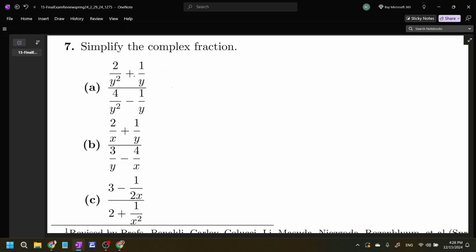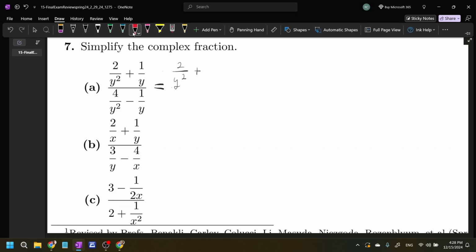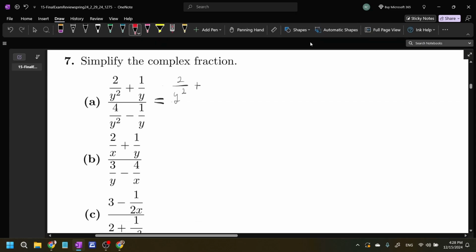Okay, so we've got 2 over y squared plus 1 over y divided by 4 over y squared minus 1 over y. What we want to do is first, we want the numerators to have the same denominator. So if we just focus on the top half right now, let's rewrite this as 2 over y squared plus, now we definitely want to get the same denominator here.